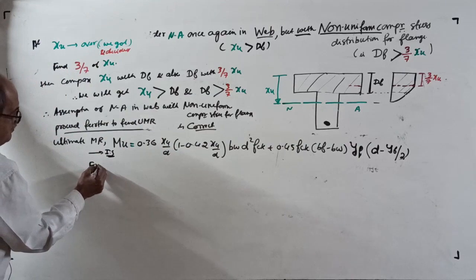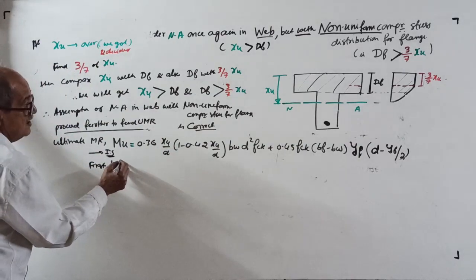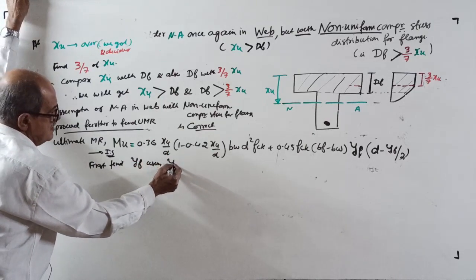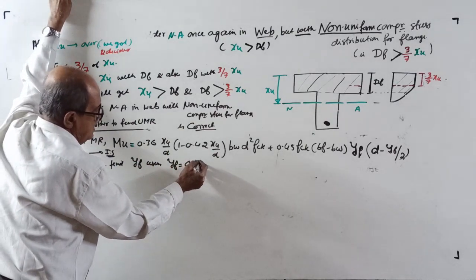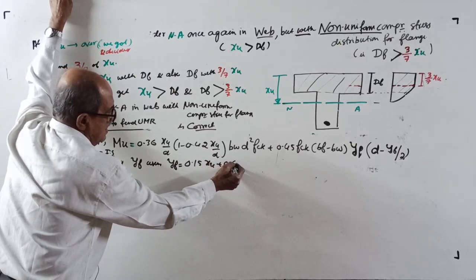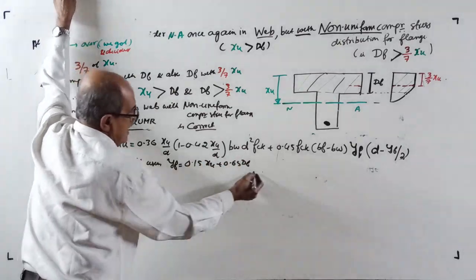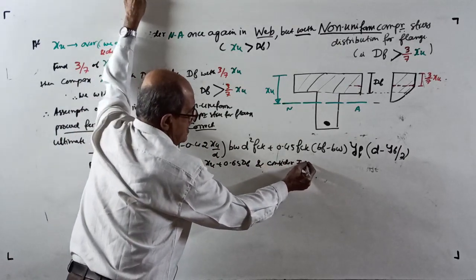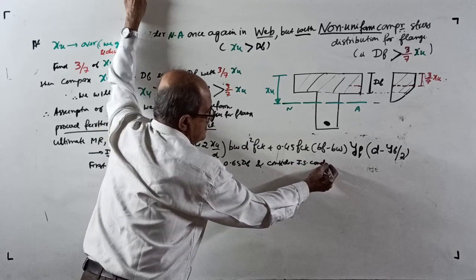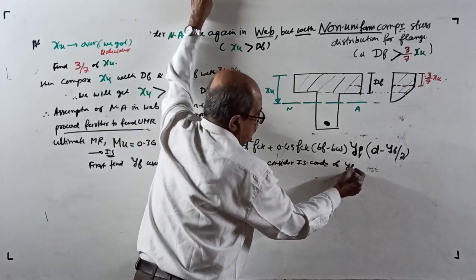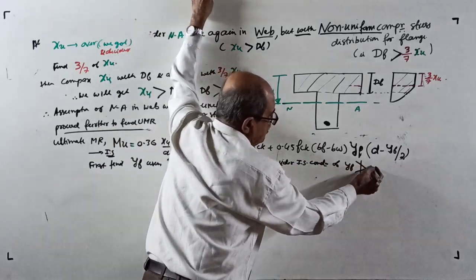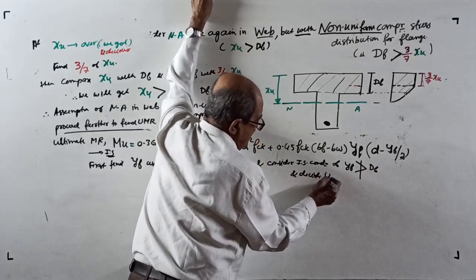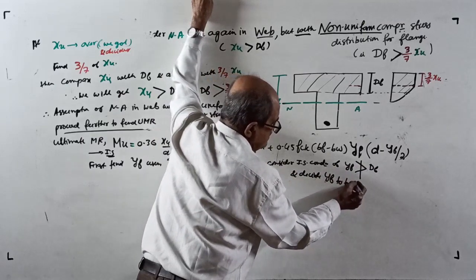Now, first find YF using the formula YF equal to 0.15 XU plus 0.65 DF. And consider the IS code condition of YF not to be taken more than DF, and decide the YF to be considered.